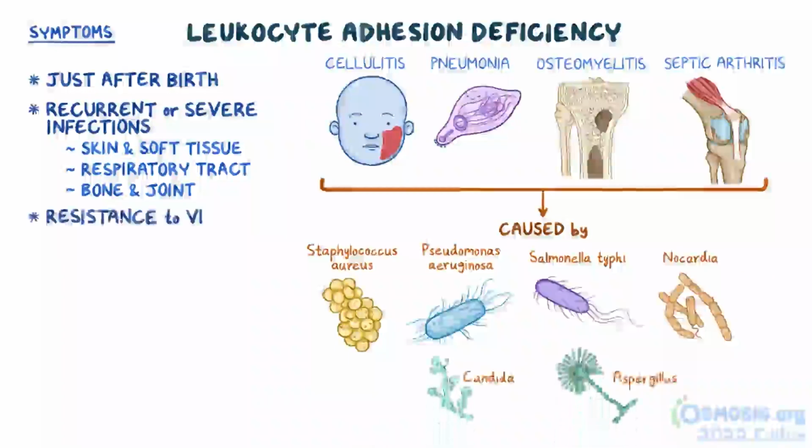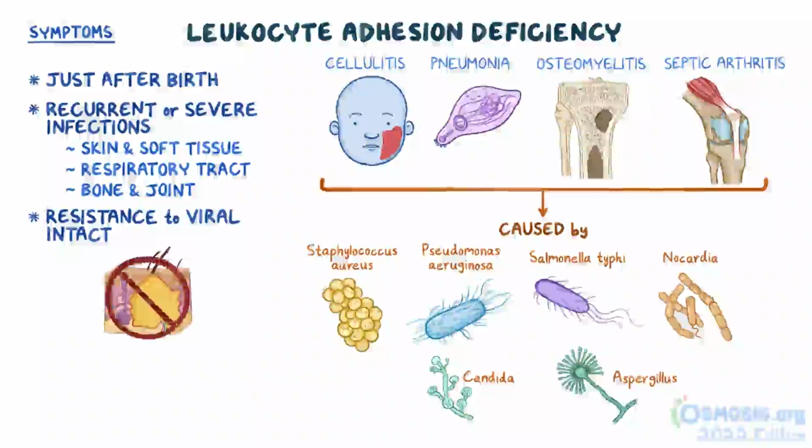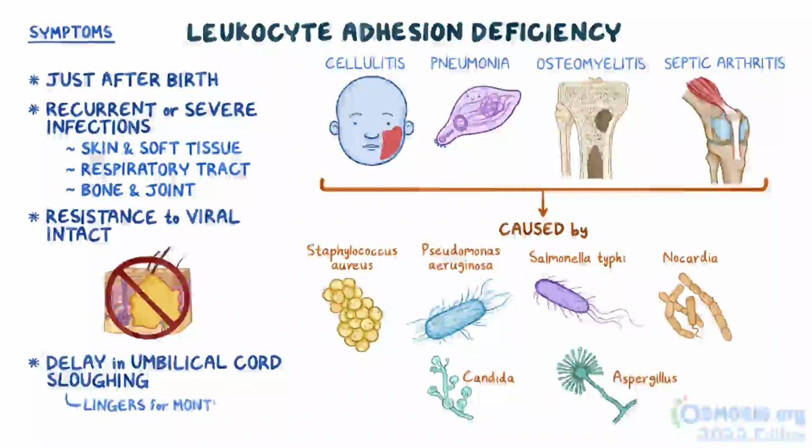Generally, resistance to viral infections remains intact. A unique thing about this type of infection is that there usually isn't pus or abscess formation. Leukocyte adhesion deficiency also causes a delay in umbilical cord sloughing, which typically lingers for a couple of months.